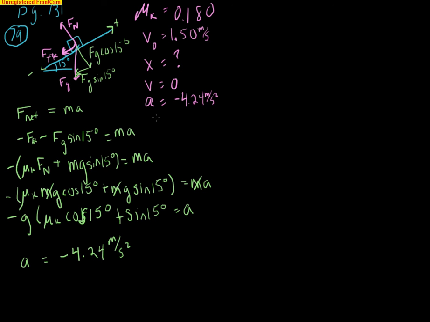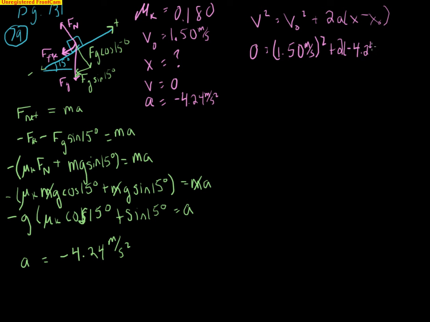So now we need an equation that hopefully has all of these things in it without having time in it, because we don't know the time. So we do have an equation like that. It's this one: v squared equals v naught squared plus 2a times x minus x naught. So v squared is 0. That's easy. V naught is 1.50 meters per second, and that whole thing gets squared, plus 2 times our negative 4.24 meters per second squared times x.